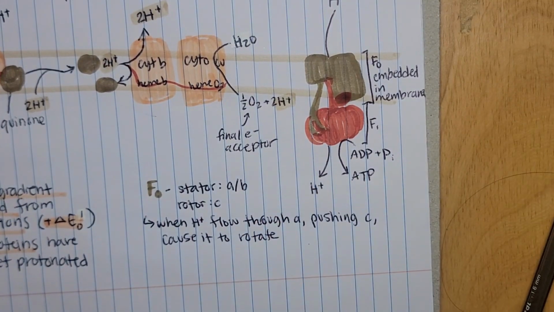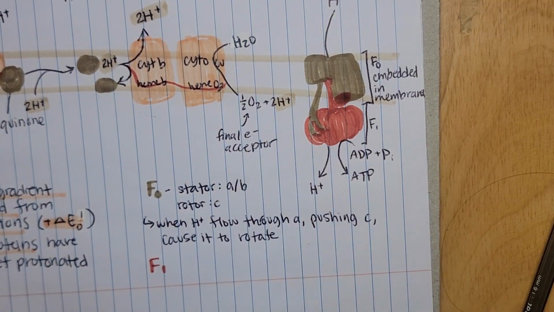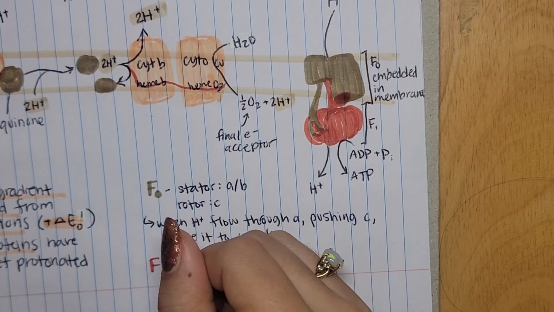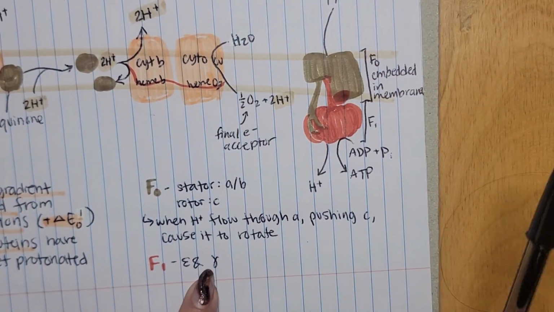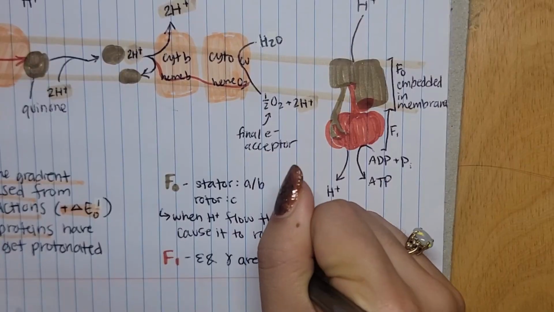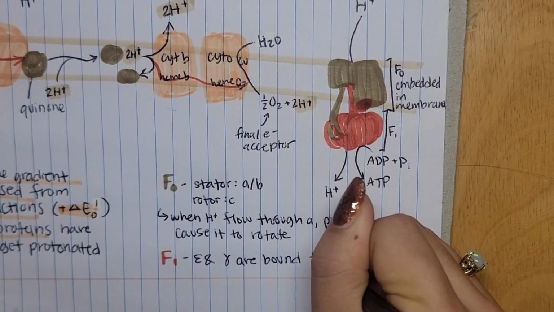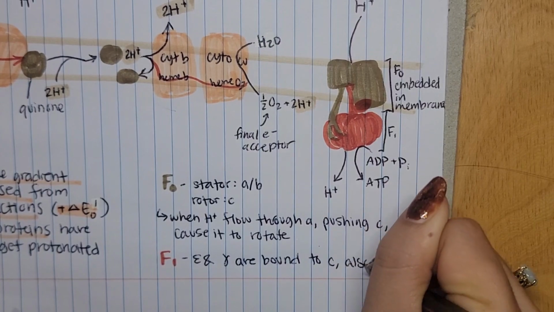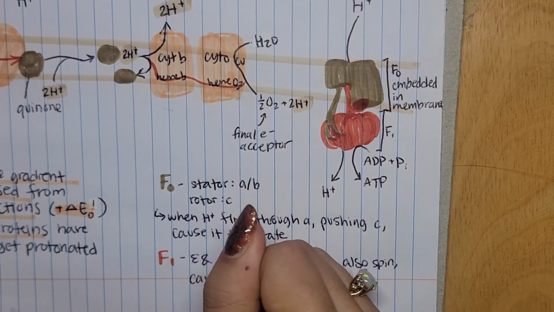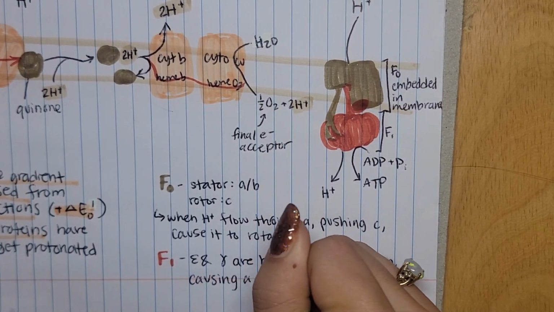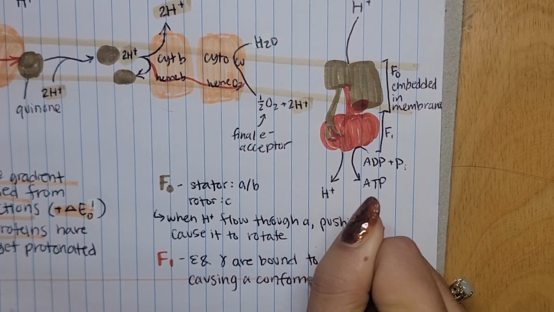And then we have F1, and there are two parts that are bound to C. So epsilon and gamma are bound to C, and since C is spinning, they also spin. And this causes a conformational change in another two components.